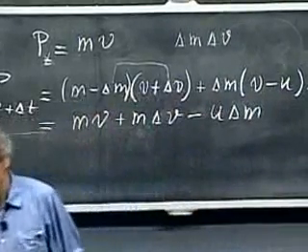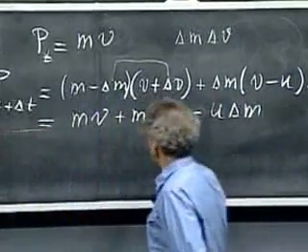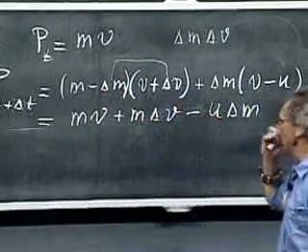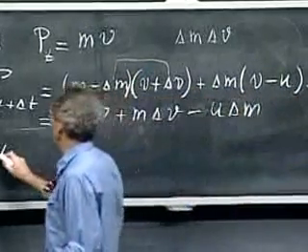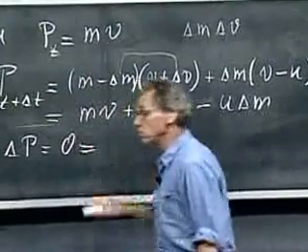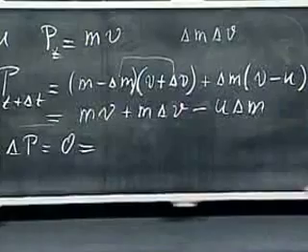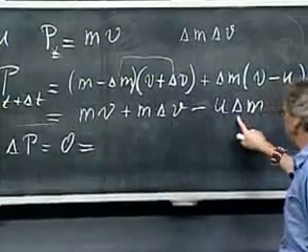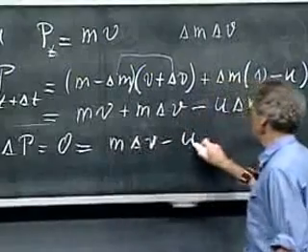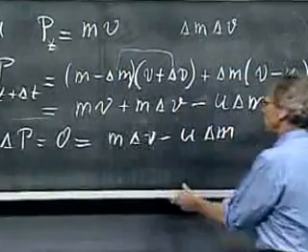I ignore that. So this is the momentum at t plus delta t, and this is the momentum at time t. And so the change in momentum, delta p, which must be 0, because momentum is conserved, is m delta v minus u delta m.